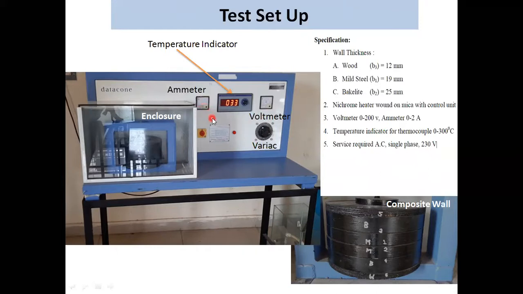And all the temperatures which are recorded can be indicated by these temperature indicators. So by rotating this knob from 1 to 8, we can note down the temperatures T1, T2, T3 and T4 and so forth. Okay, and this is an on-off switch for the heater.